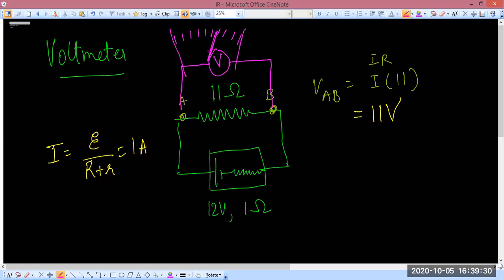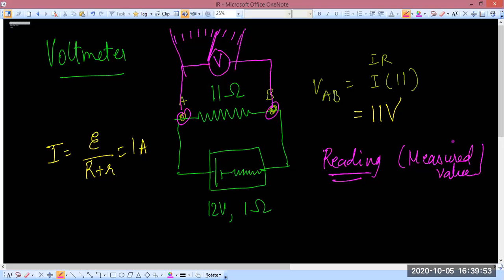There is a needle, it will show how much is the voltage between the 2 points A and B. Then the voltmeter's reading, do you remember what a reading is? Reading means the measured value.